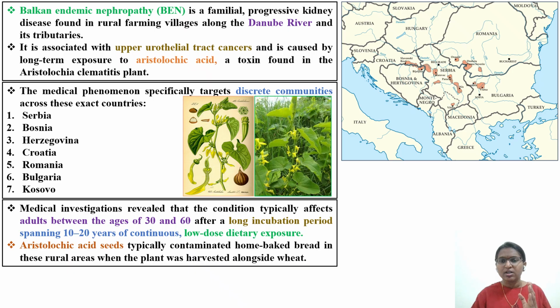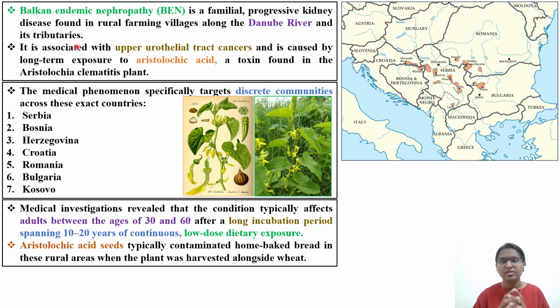Okay, then we'll see some of the important points with respect to Balkan nephropathy. Balkan endemic nephropathy is a familial progressive kidney disease found in the rural farming villages along the Danube River and its tributaries.